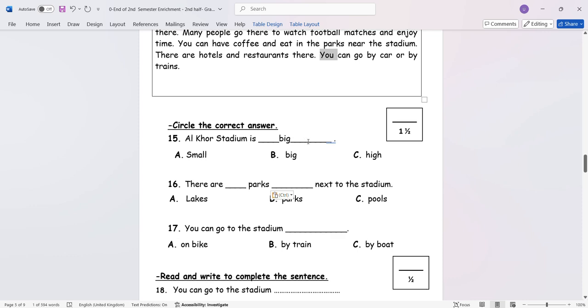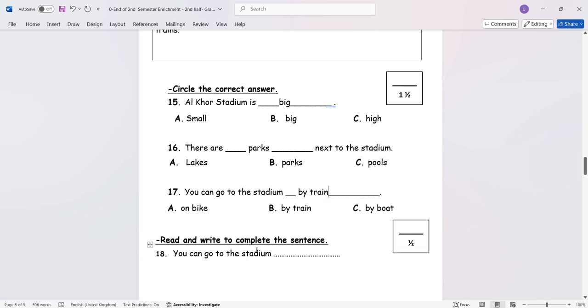So the answer is by train. We write here by train. So the answer is B.